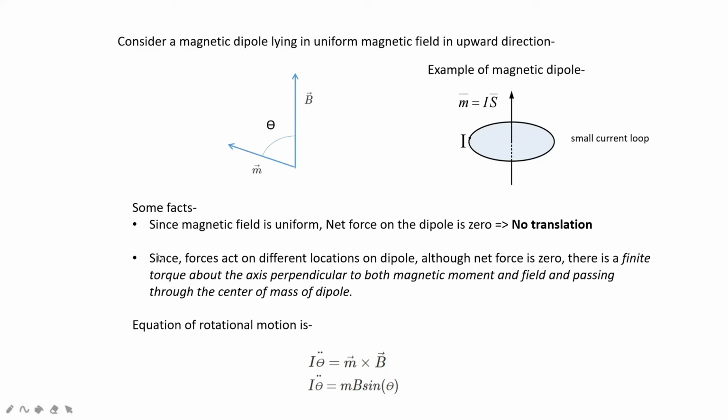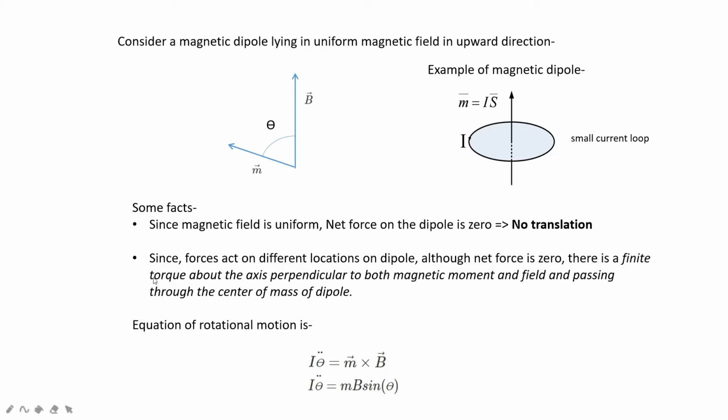So the two important facts about this system are that since magnetic field is uniform, net force on the dipole is zero. That is, there will be no translational motion. And the second important point is that since forces act on different locations on dipole, although net force is zero, there is finite torque about the axis perpendicular to both magnetic moment and the magnetic field and passing through the center of mass of dipole.